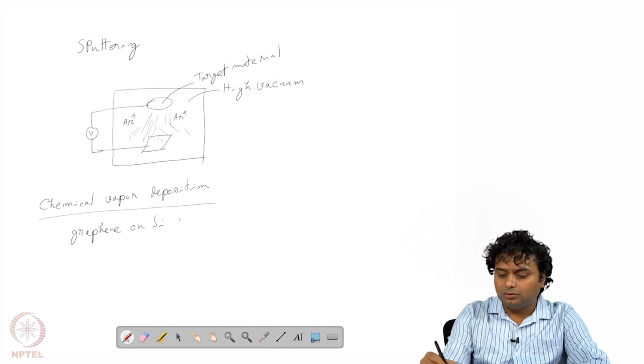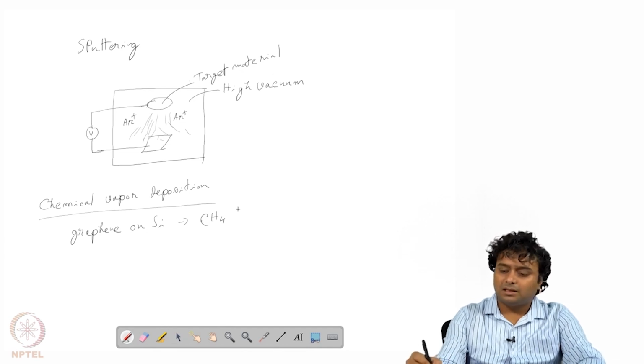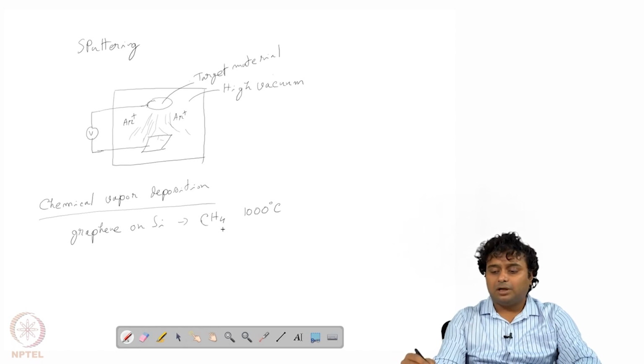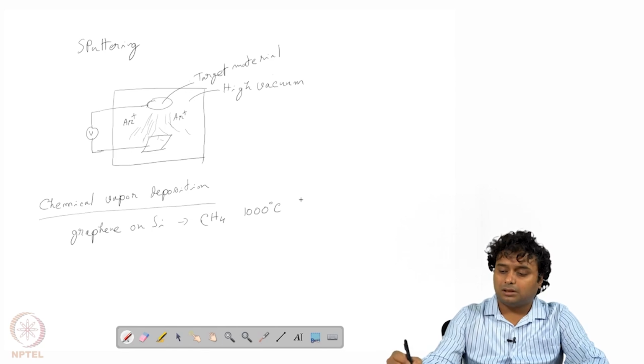In that case we use methane gas for the deposition of graphene, or for supplying the carbon, and then at 1000 degrees centigrade temperature and also at very high pressure, we can break this CH4 into carbon and hydrogen, and that carbon gets deposited on the silicon sample.